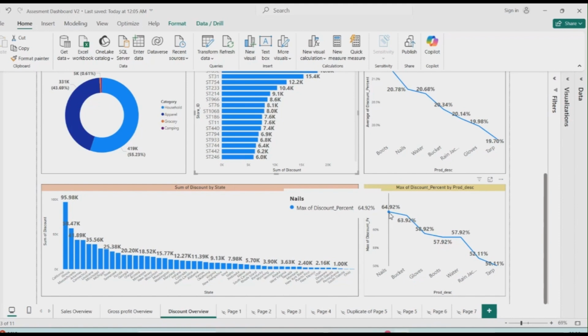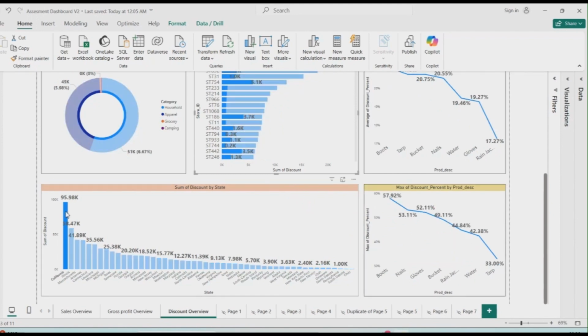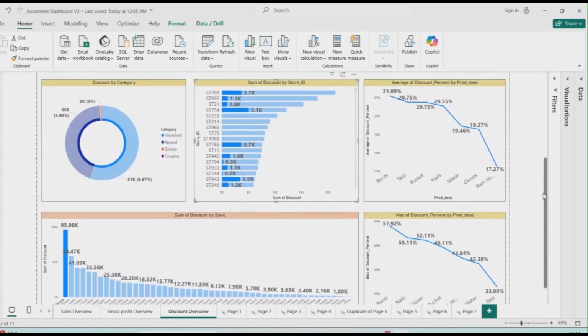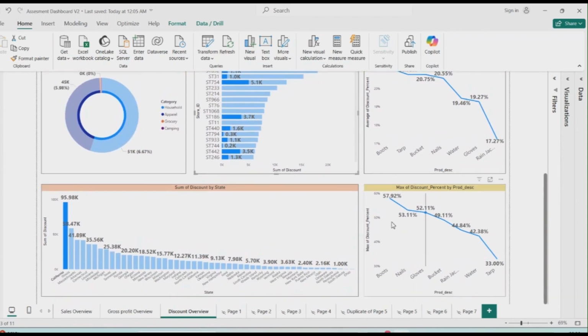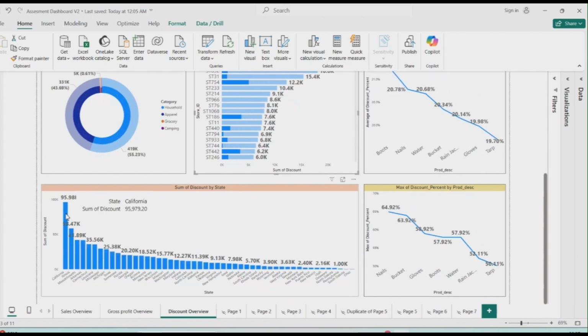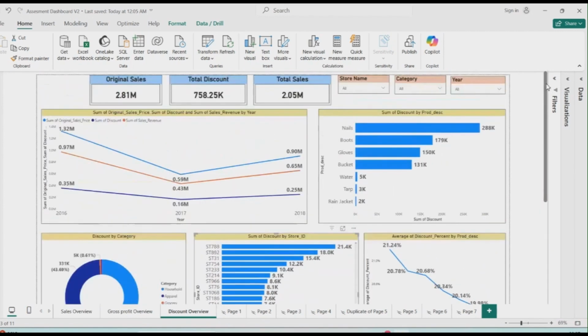Then the lowest was for top, which was offered around 50% of the discount. So if I click here, I can clearly see in California the average discount offered for boots is 21%, but in some scenarios, the maximum discount offered was 51.92%. So these are the insights into the discounting.